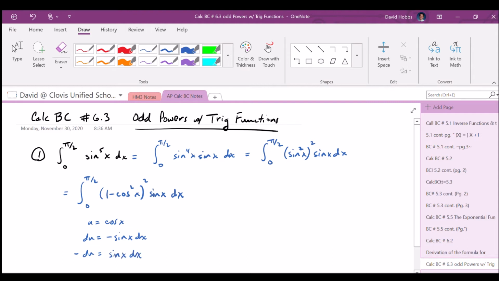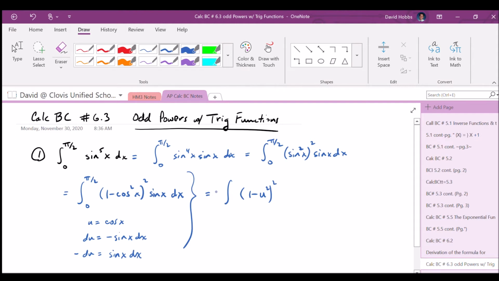And like I say, you don't have to actually do it. You could just multiply it out. But anyway, what we have here is 1 minus u squared, squared.